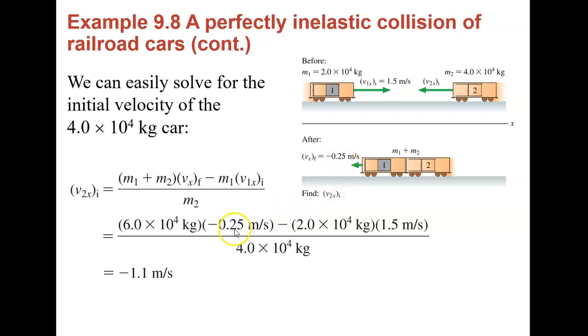Its final speed is negative 0.25 meters per second, minus the mass of the lighter one times its initial velocity, 2 times 10 to the fourth kilograms times 1.5 meters per second, divided by the mass of the bigger one. You solve this and you get an initial velocity of negative 1.1 meters per second, which means the bigger car is moving to the left at a speed of 1.1 meters per second.